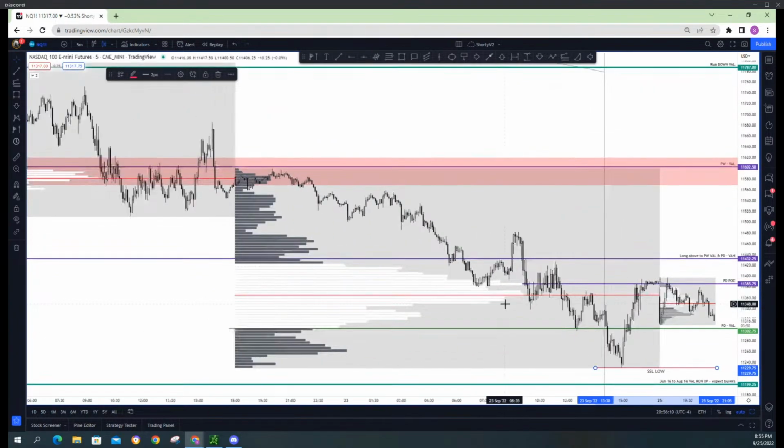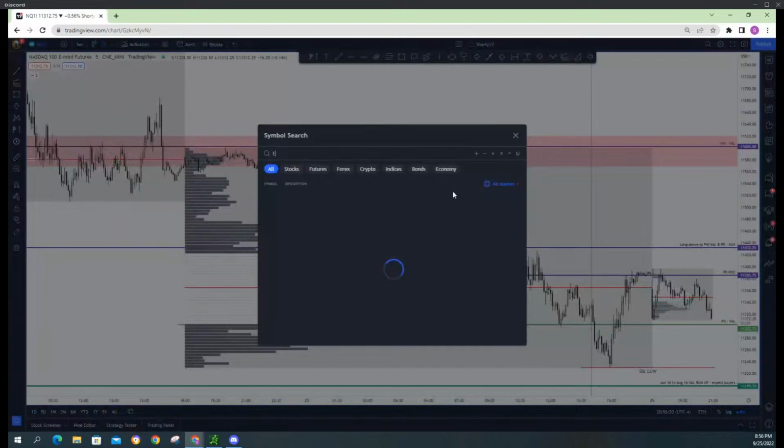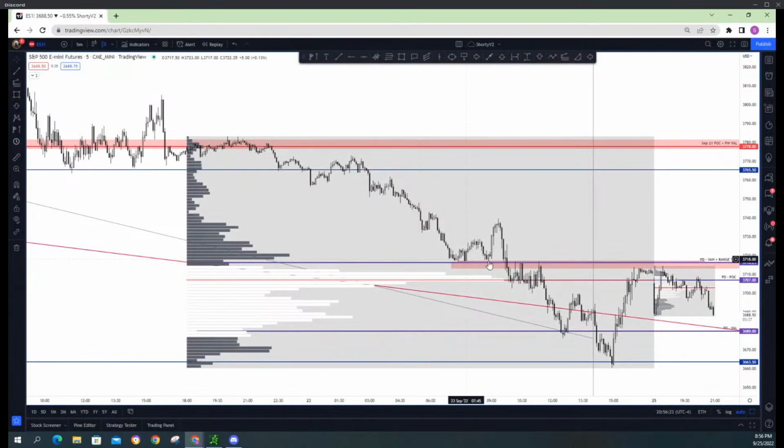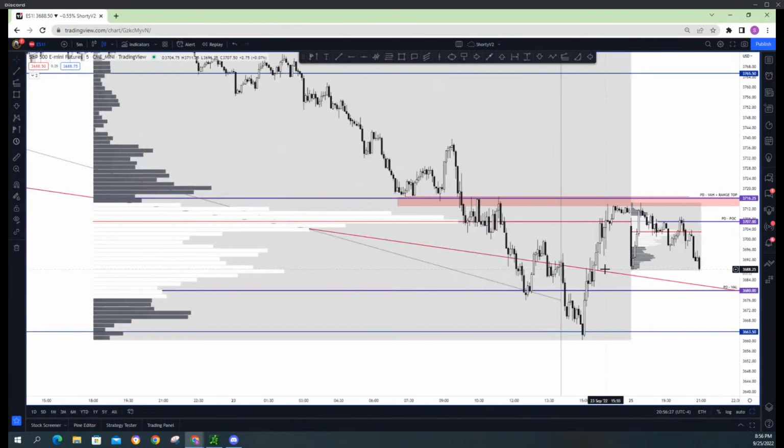Is that what you got, Shorty? 36.59. We're at session low. Oh, broke session low on ES. Oh, my bad. You're not on ES. Taking a beating here again.